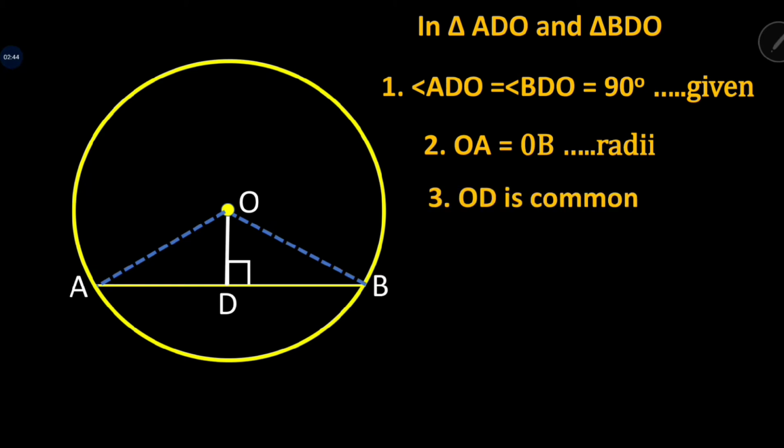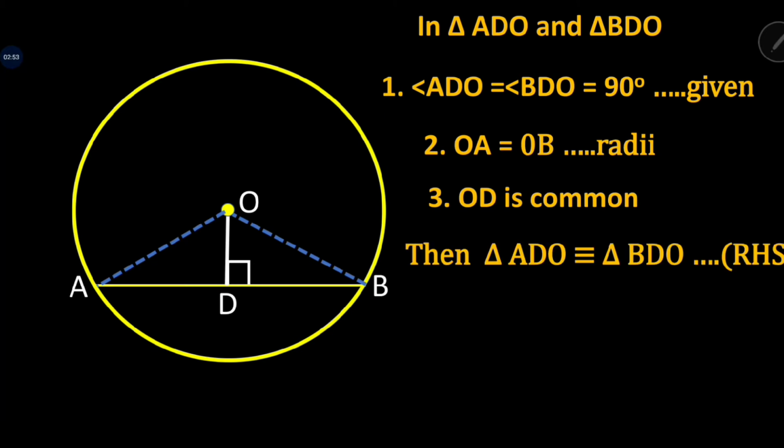OD is a common side to these two triangles. Okay, so remember, when you're proving congruency, you need three pieces of information. Then I can clearly see that triangle ADO is congruent to triangle BDO, and the reason is right angle, hypotenuse, side. Therefore AD is now equal to DB.